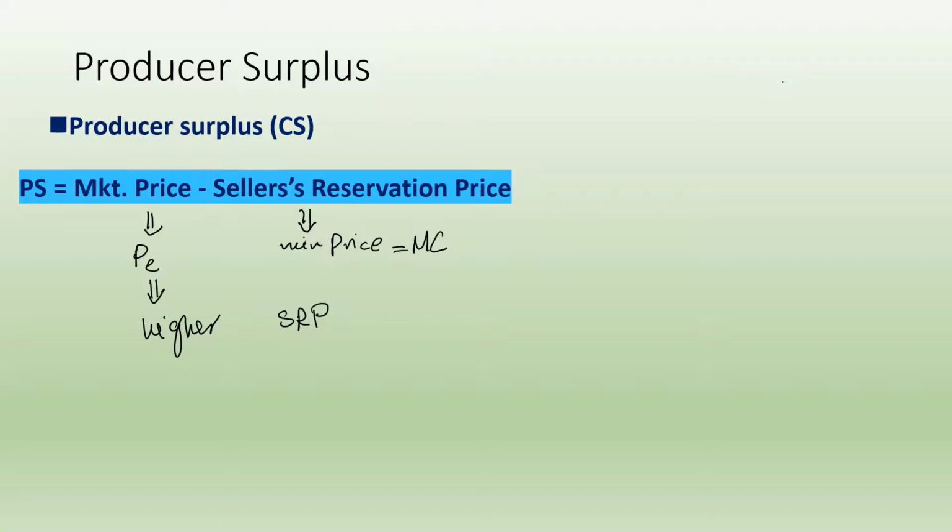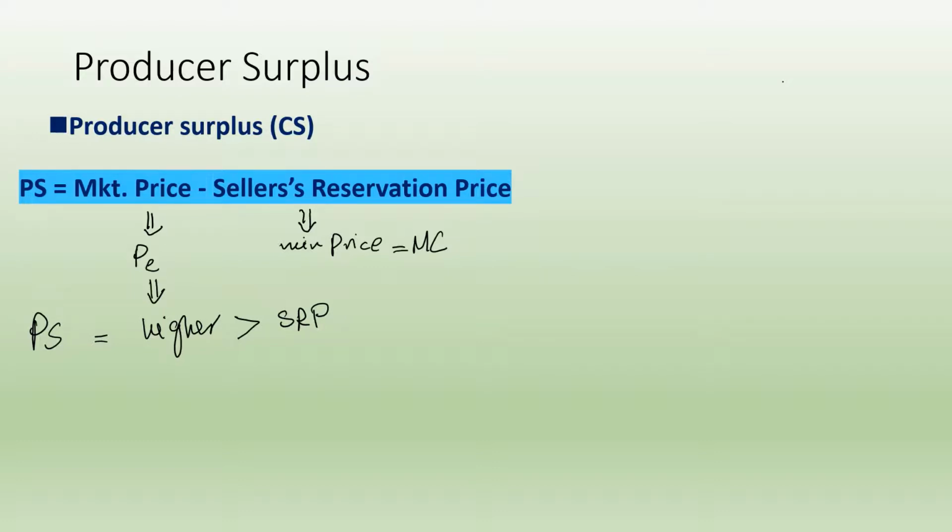So if the market price is greater than the seller's reservation price, the producer surplus is always going to be positive, or we can say that sellers are going to reap an additional benefit by selling a unit of good at a price which is greater than their marginal cost of producing that unit.